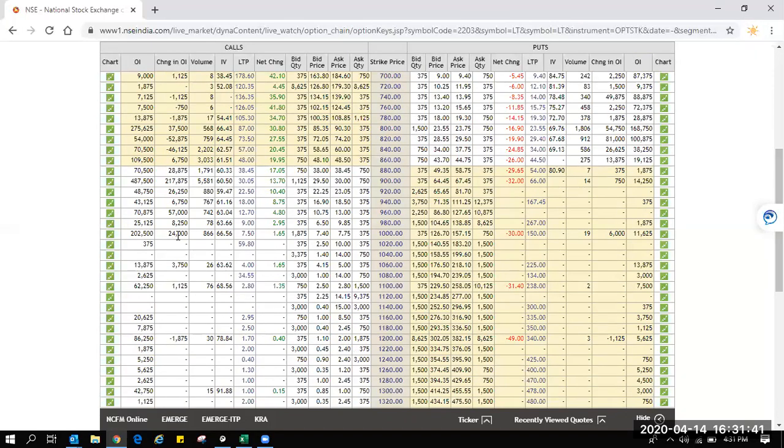Similarly at resistance, you can see it has a good resistance at 900 levels with a minor resistance at 880 levels also. These levels can be crossed very easily because the OI value is very less. So I don't consider this a strong resistance, but yes, 900 is very strong.